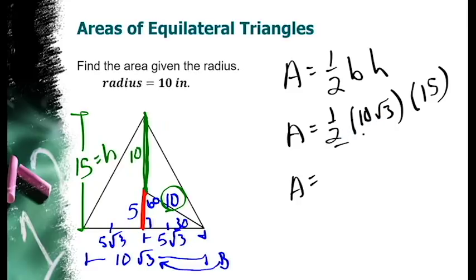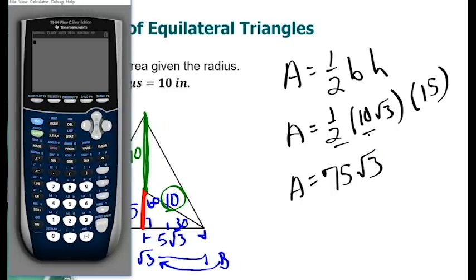So 1/2 of 10 would be 5. 5 times 15 would be 75. Square root 3, we can go ahead and calculate that out. 75 root 3 gives us 129.9.